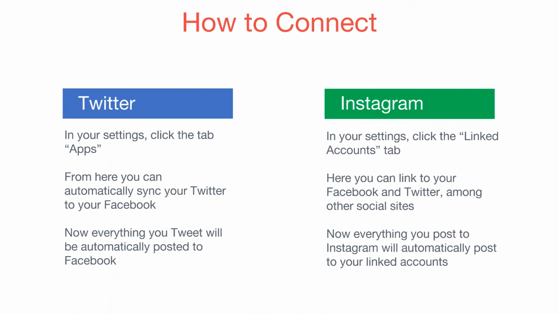From here, you can automatically sync your Twitter to your Facebook. Now everything you tweet will automatically be posted to your Facebook. And then on Instagram, in settings, click the linked accounts tab. Here you can link your Facebook and Twitter among other social sites. Now everything you post to Instagram will automatically post to your linked accounts.